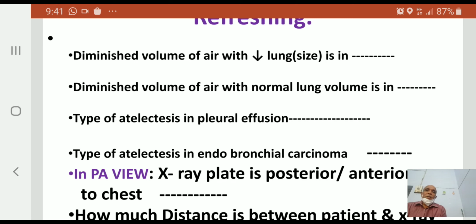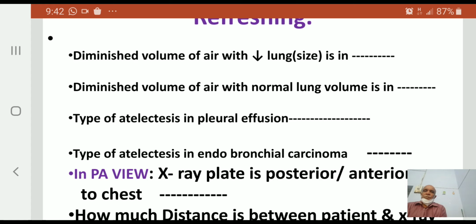In endobronchial CA, there is obstruction of the airways, so distal to this site there is collapse. This is absorption collapse or obstructive collapse.